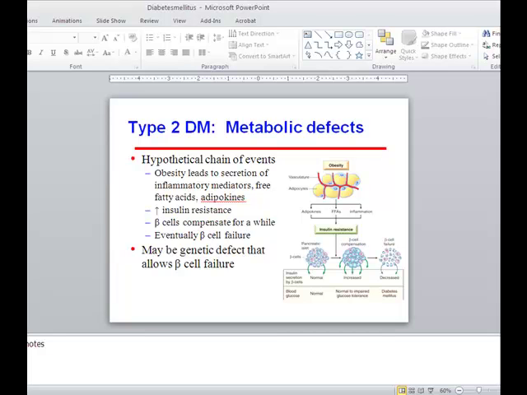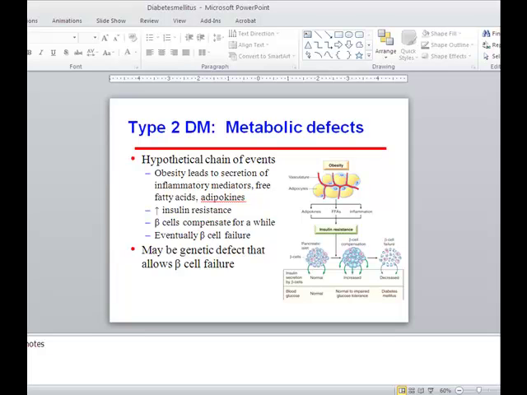Some increase in number, others decrease, but for the most part, the net effect is that these adipokines generally make those receptors insensitive to insulin. So in obese individuals, the adipose tissue releases inflammatory mediators and adipokines, and mainly these adipokines are responsible for making those insulin receptors insensitive.